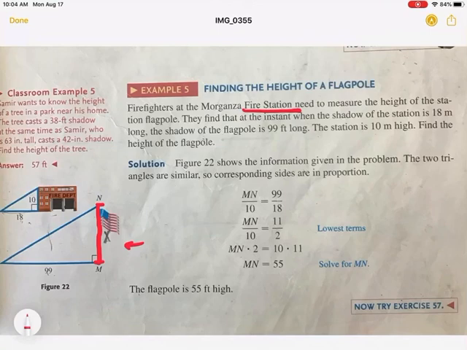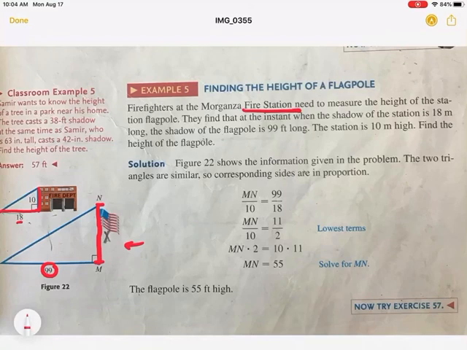They find that at the instant when the shadow of the station is 18 meters long, the fire station itself is 10 meters high, and the flagpole's shadow is 99 meters long. Find the height of the flagpole, which is this side here.